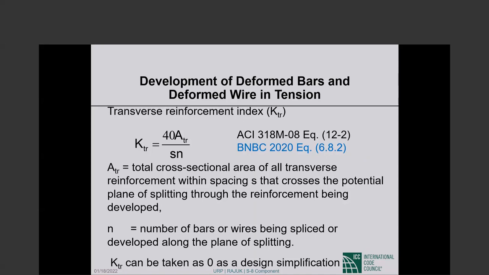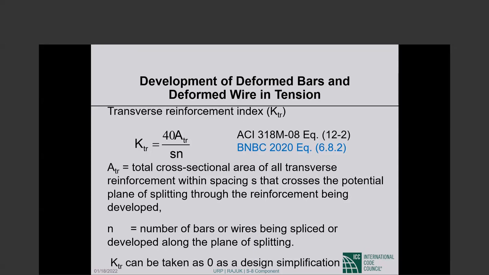C sub B, which I forgot, it turns out, I want to tell you the exact thing. C sub B is the smaller of two things: the distance from the center of a bar or wire to the nearest concrete surface, and one half the center to center spacing of bars or wires being developed.